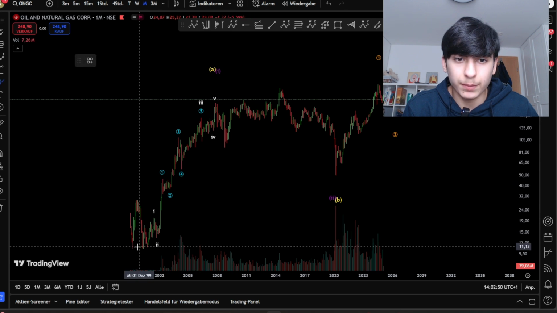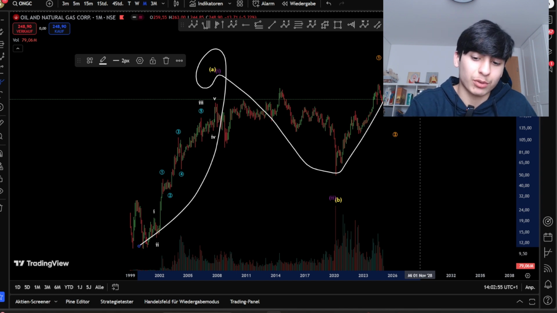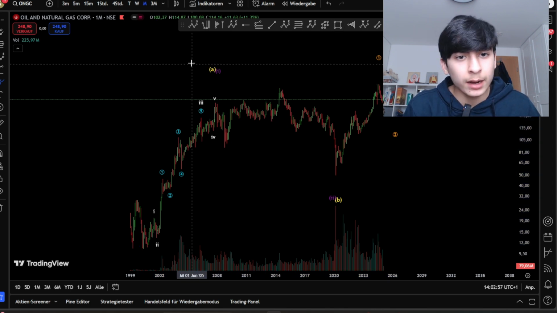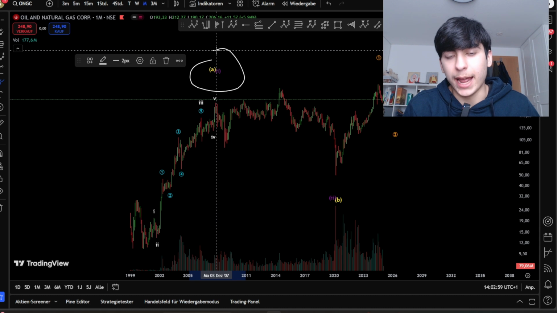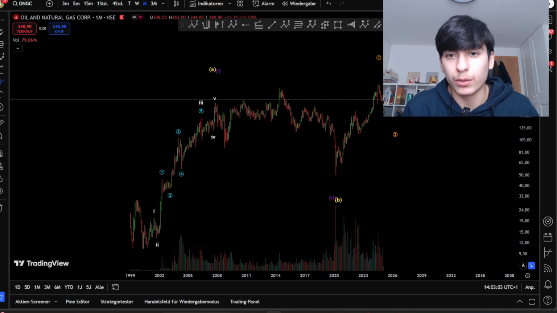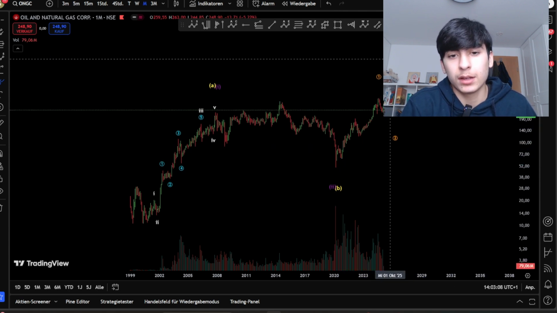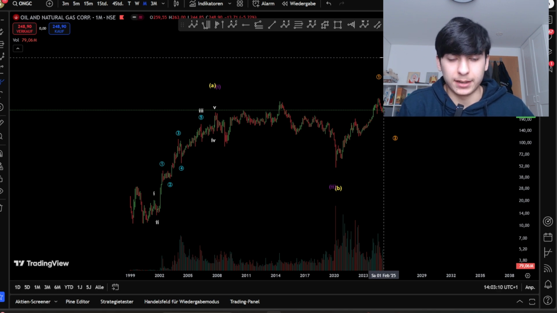Simply impulse, correction, impulse. That is what we are looking at. Either a wave 1 or a wave A. We don't know it yet, and we will only know it once we finish our wave 3/C. So in both cases, we are looking for more upside.